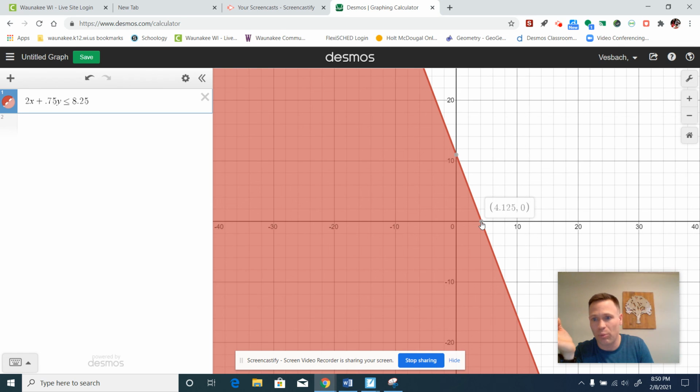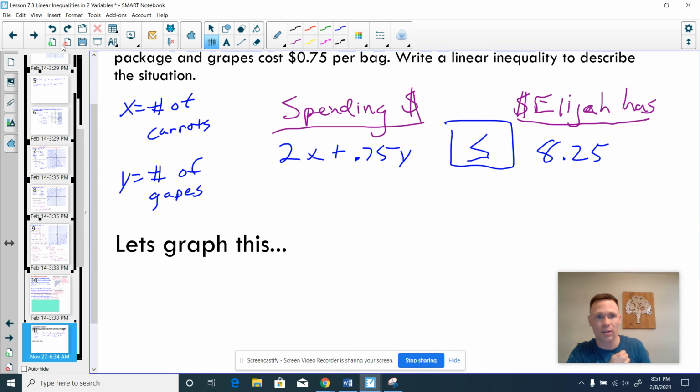So I can buy 4.125 grapes, which obviously isn't reality, and 0 carrots, or I can buy 11 carrots and no grapes. And I can buy all of these in between, but because I can spend less money than that, I can also buy like one of each or 2 of each and still spend less than that, okay? So everything in this shaded area is also a solution to that inequality, okay?